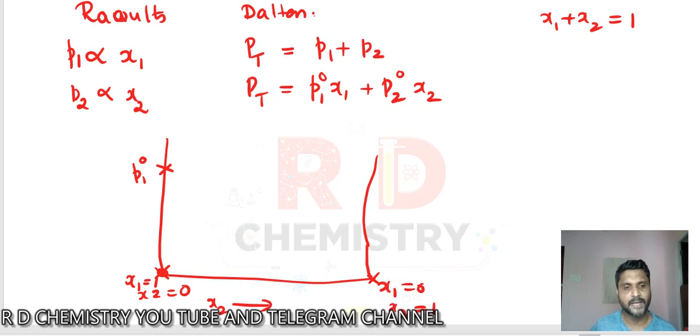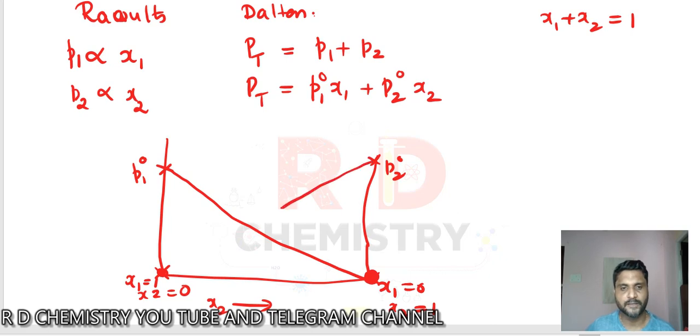So what will happen now? As the second component goes on increasing, the partial pressure of the first component in the mixture will go on decreasing like this. Do the same thing here also. Here x2 is equal to 1, so let it be P2 naught somewhere here. If you add one more component, the vapor pressure of the second component goes on decreasing in the mixture, like this.